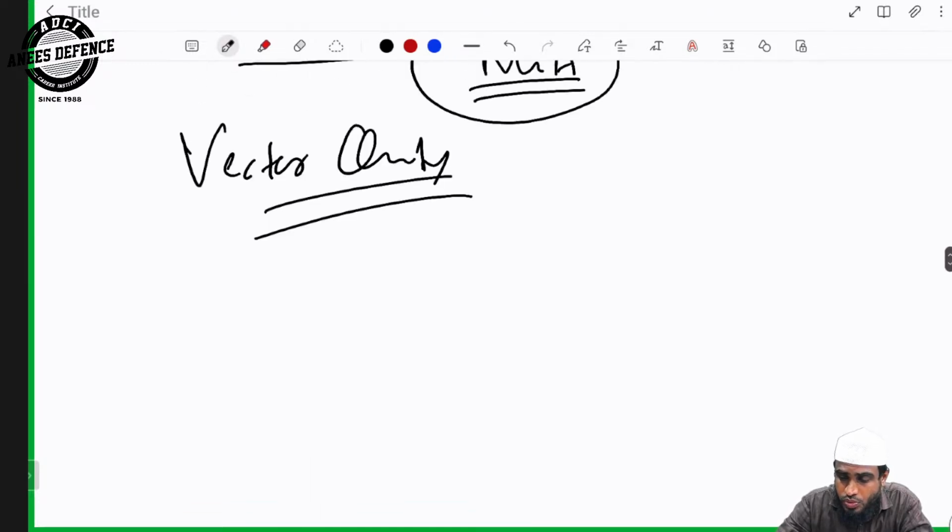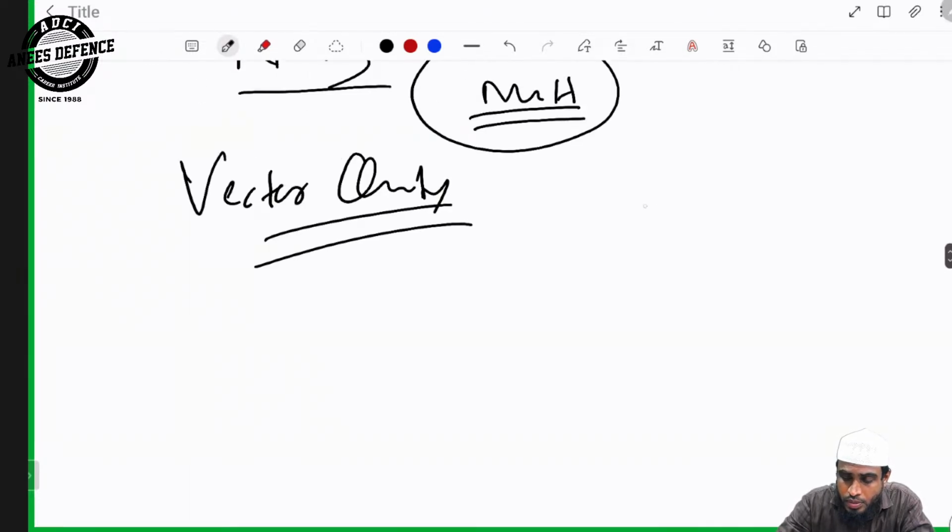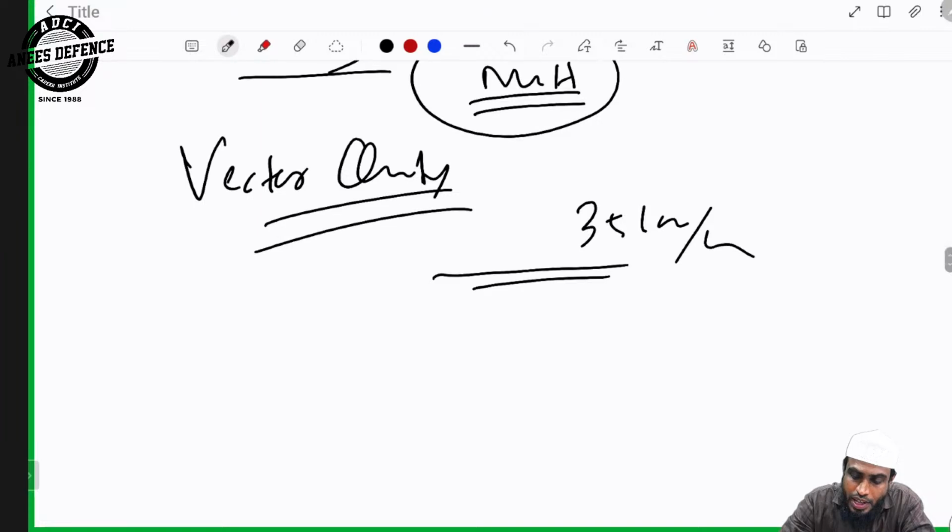So the velocity of a car means it may be 35 kilometer per hour, moving from some direction to another direction. So here also we have to say about the direction.